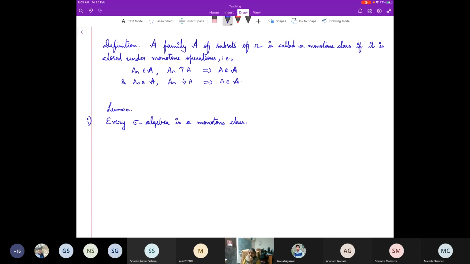A sigma algebra is always closed under countable union and countable intersection. So how does it help us? What is A in this case?